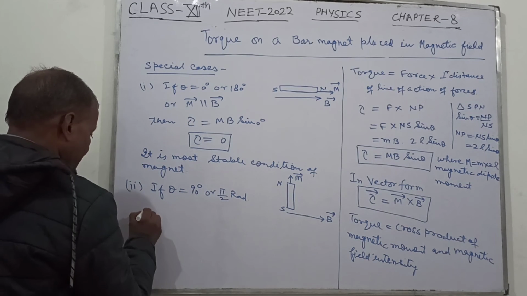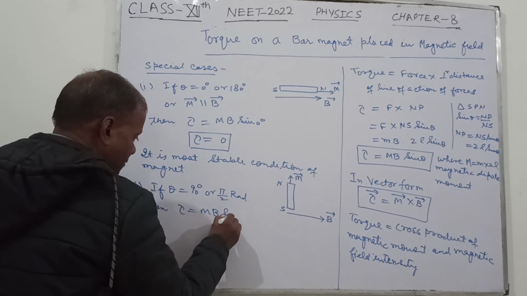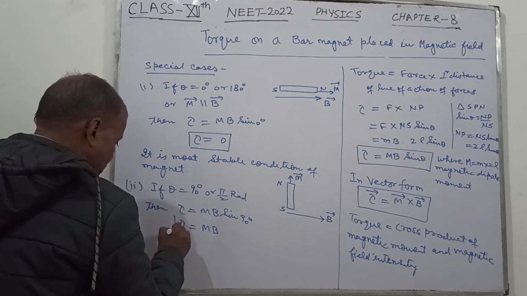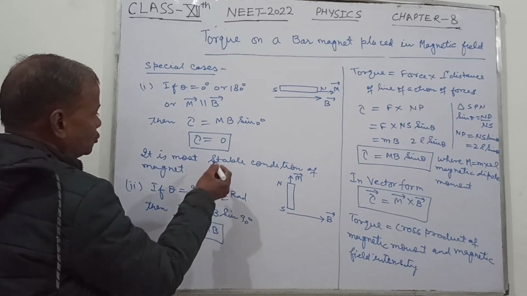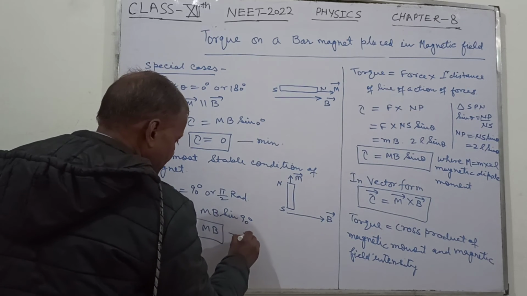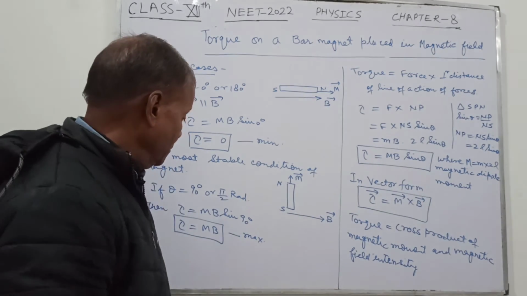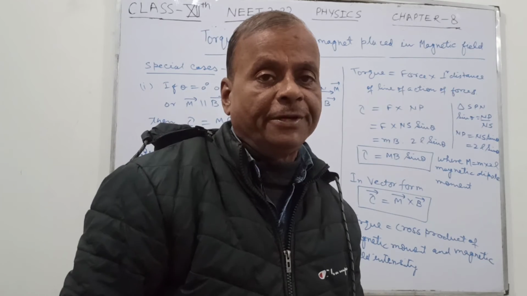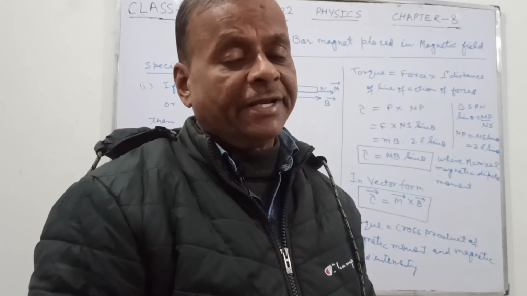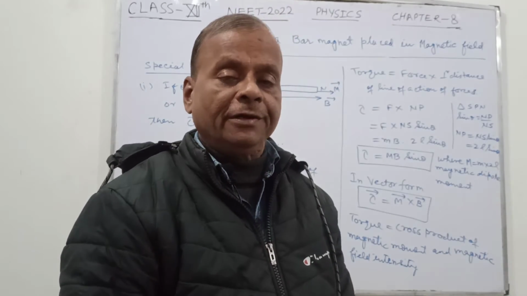Then torque equal to MB sin 90 degree, and sin 90 is equal to 1. So torque equal to 0 is the minimum value, and this is the maximum value, torque equal to MB. It means that when the magnet is perpendicular to the magnetic field, then torque is maximum. It means that the magnet will have the larger tendency to come parallel to the magnetic field.